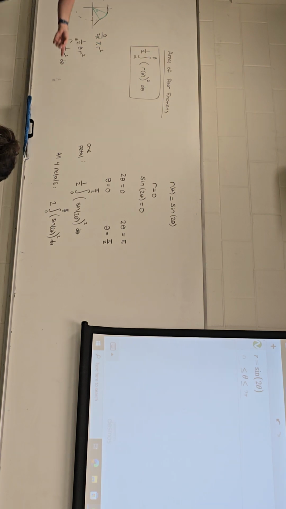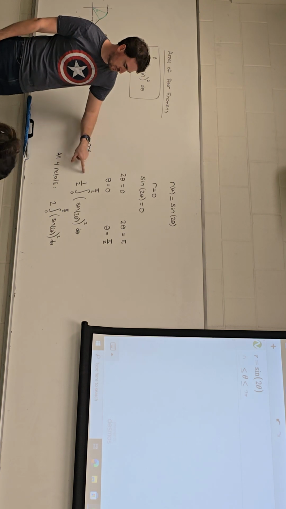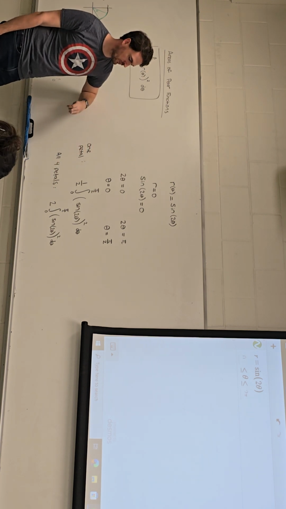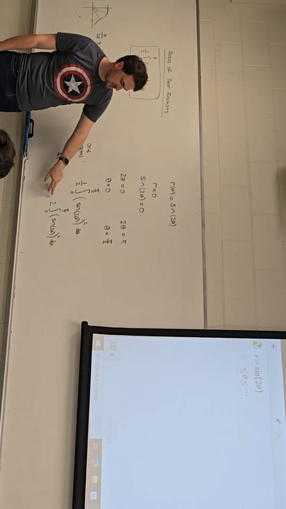So if you want all 4 petals, then you can just multiply by 4. And 4 times 1/2 is 2.